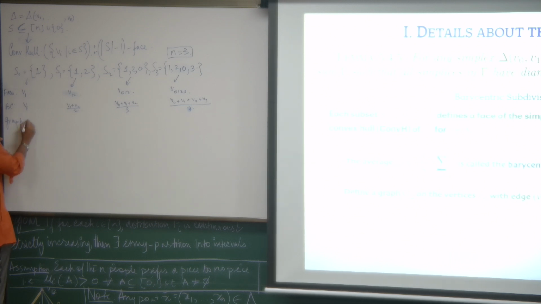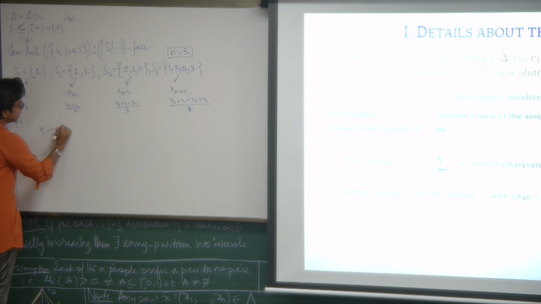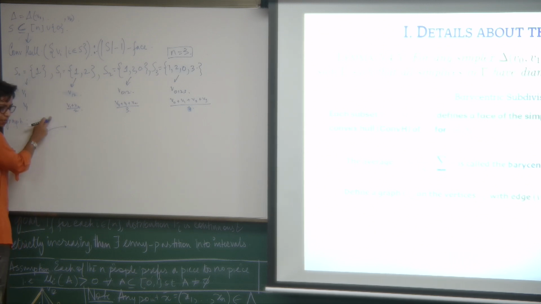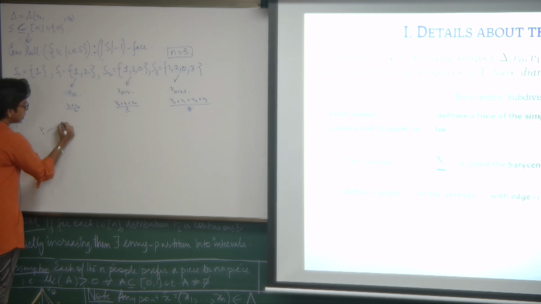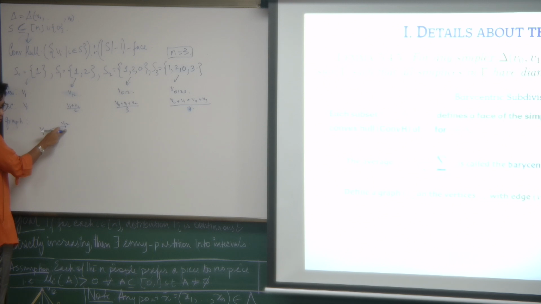So, in the graph here, this vertex V1 has an edge to all other vertices, all other barycenters, all these face vertices that contain 1. So, in particular it should have a neighbor V12, it should also have a neighbor V01, it should also have a neighbor V13 and so on.